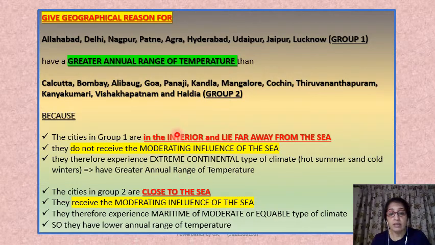The words interior and close are important. They receive the moderating influence of the sea, so they experience maritime or moderate type of climate. So you should know these cities are all in the interiors of India, far away from the sea, so they do not experience the moderating influence of the sea. The others are on the coast, and so they receive the moderating influence of the sea, and they experience maritime or moderate or equable climate. Alright.